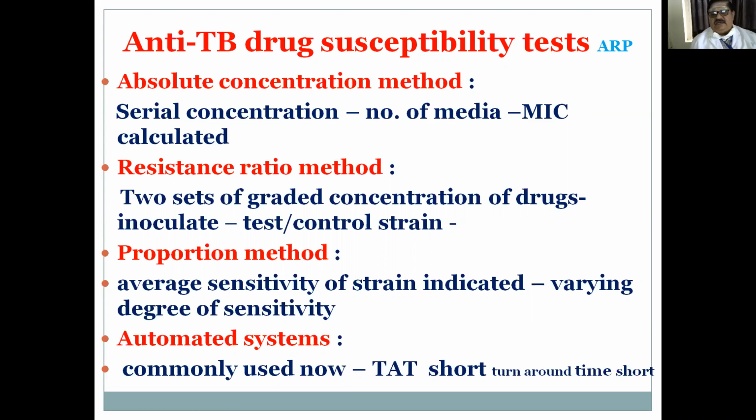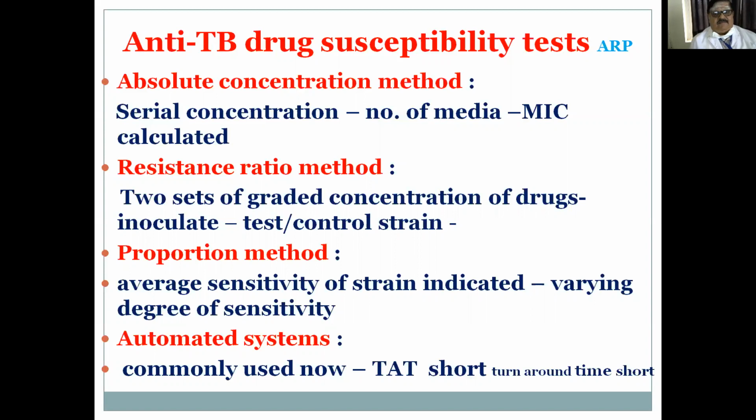Another is resistance ratio method. 2 sets of graded concentration of drugs. So for example, rifampicin is used at double strength in one and single strength in the other. Then you put up a test and a control strain, and you compare. So that is the resistance ratio method.